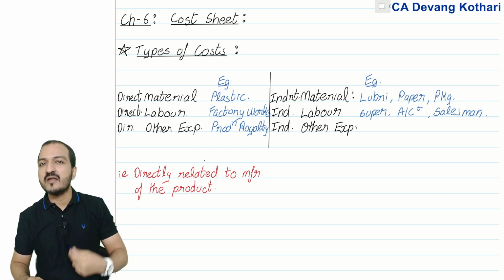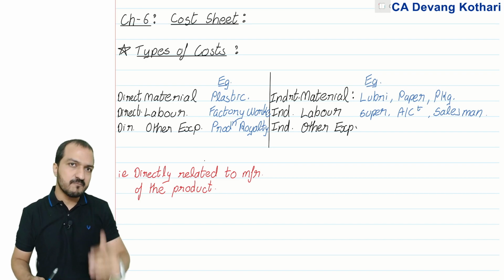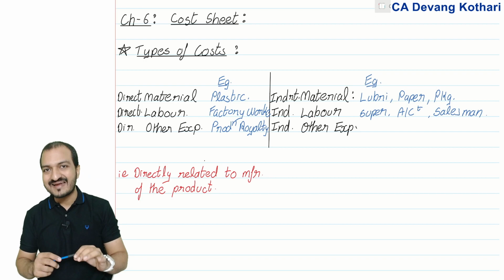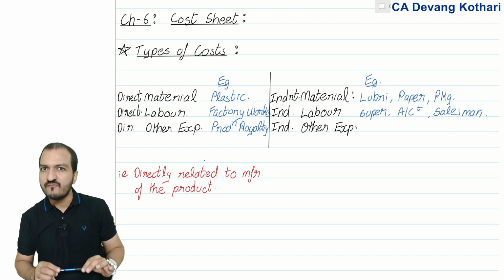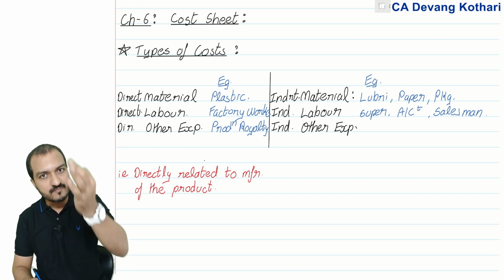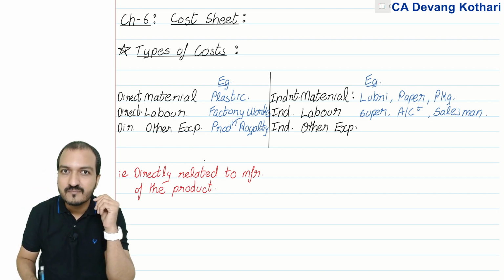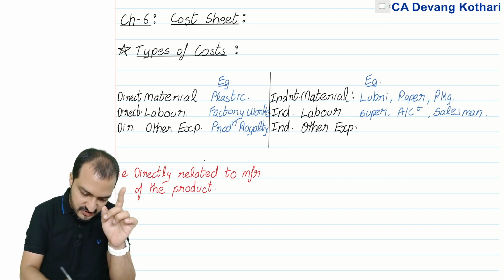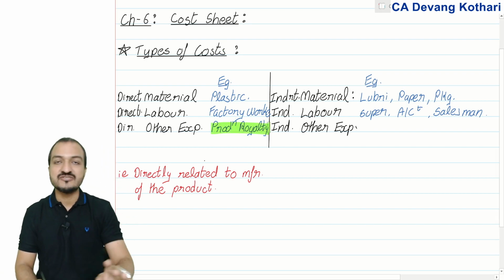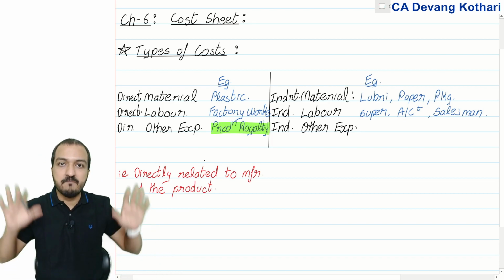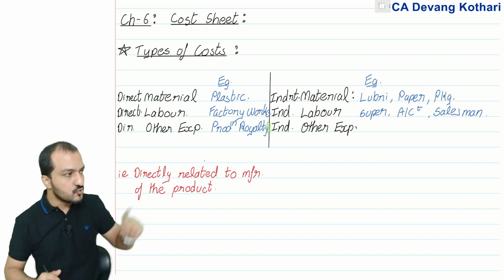Now, if I am manufacturing my product as per the design patented by Salman, then don't you think for every unit that I manufacture, for every unit that I produce, I need to pay some royalty to Salman? This is called production royalty, or production based royalty. It is not royalty on sales. It is not that I am using the brand name of Salman to sell my product.